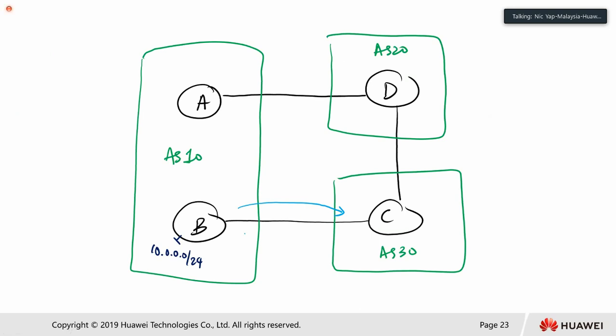So when I send my update message, we include the prefix 10.0.0.0/24, which is IPv4.